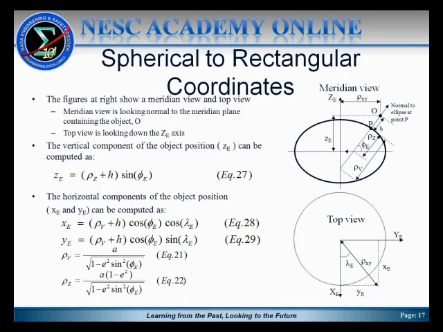And again, just summarizing for both these equations what we presented earlier, phi sub V and phi sub Z are as depicted in equations 21 and 22. They're a function only of the constants of the oblate spheroid, semi-major axis length A and eccentricity E, and the geodetic latitude phi sub E. So these equations, 27, 28, 29, would be the equations for converting from geodetic spherical coordinates to rectangular coordinates.